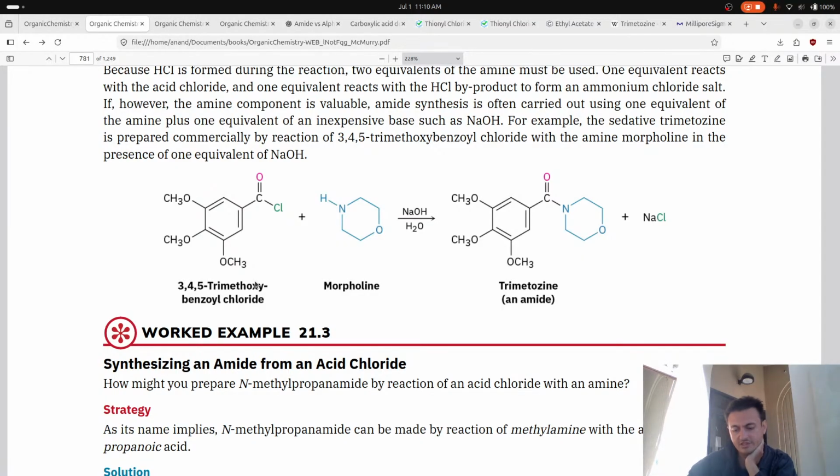So the first step, I think, is just nucleophilic attack. So we still have a lone pair on nitrogen, so it does this.